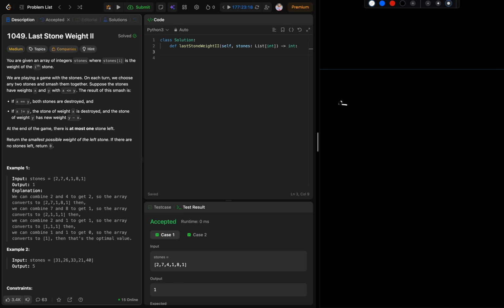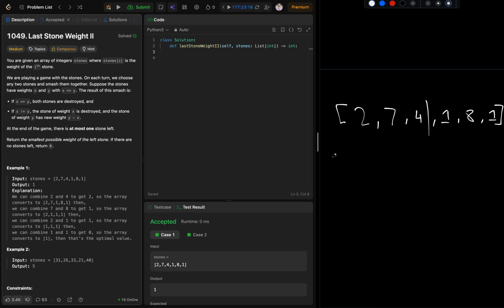So of this list, 2, 7, 4, 1, 8, 1, you want to split this into 2 equal halves. Well, this isn't equal, but 2 halves such that the sum of this minus the sum of this is as little as possible, right?